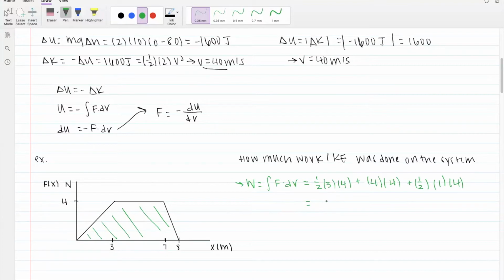So this will give us 6 joules plus 16 joules plus 2 joules, just gives us 24 joules.